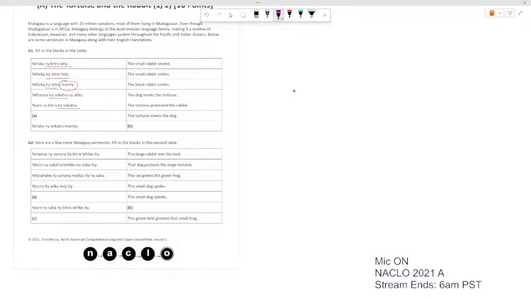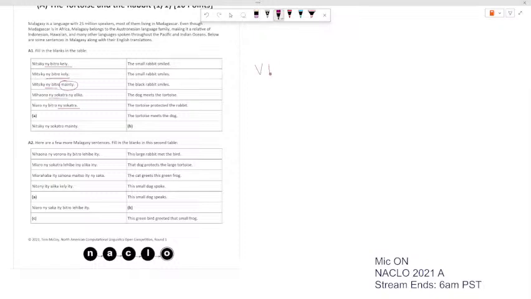So the verb appears to come first, then the subject. The black rabbit smiles, yeah, verb subject. The tortoise protected the rabbit, so it appears to be verb object subject, not verb subject.